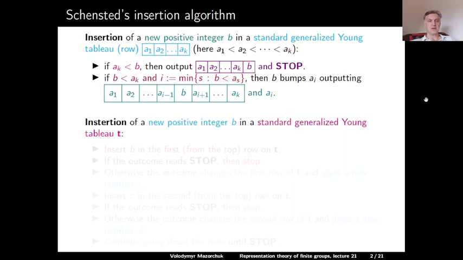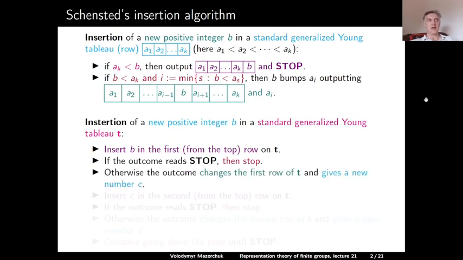Taking this into account, we can define the insertion of a new positive integer b into a standard generalized Young tableau T. So we try to insert b in the first row from the top using the previous algorithm. So if the outcome reads stop, then we stop.